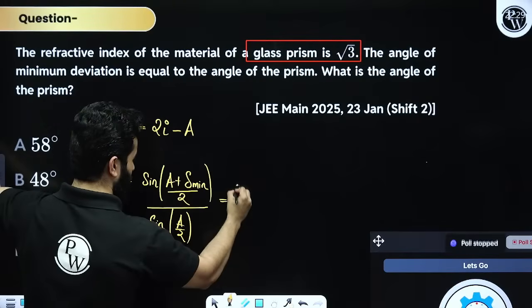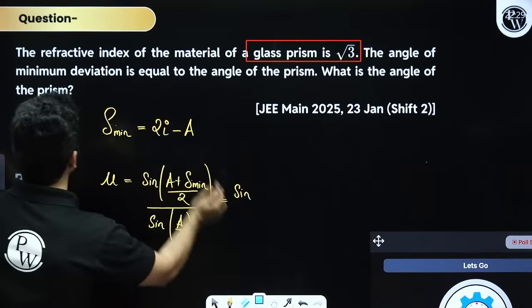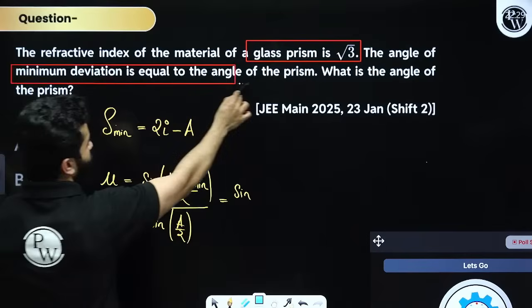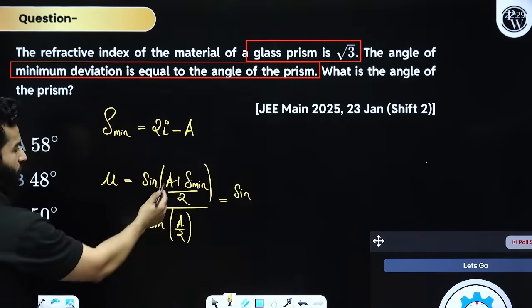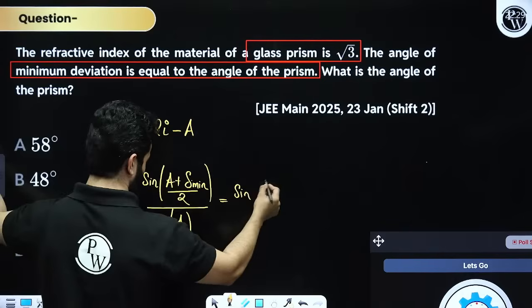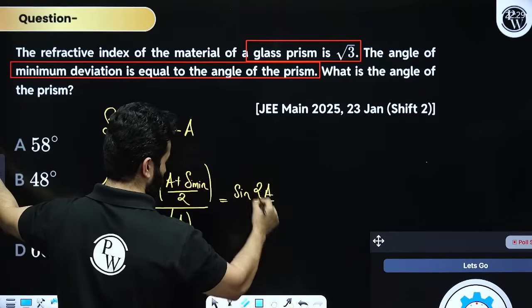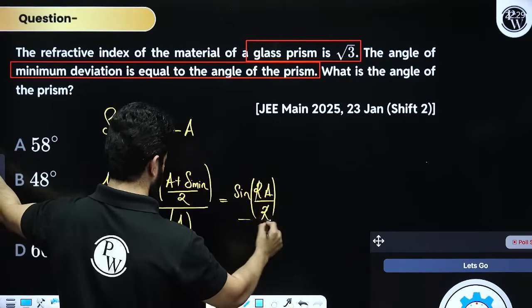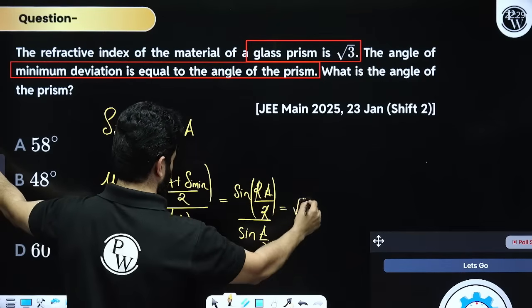So we are going to write sine of A, since A and delta minimum are the same. That's what they are saying: minimum deviation is equal to the angle of prism. So I can write this as 2A divided by 2, that is A, over sine of A by 2, and this is equal to √3.